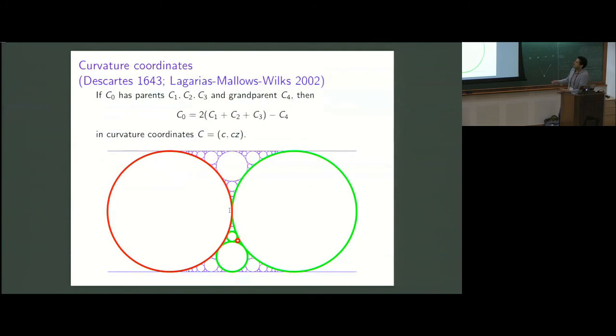Okay, so what's the recursive structure of the packing? This goes back to Descartes in 1643. He wrote a letter to the Princess of Bohemia where he was telling her about one of his discoveries. In those days, that's how you impressed the ladies. So his discovery, in modern language, looks like this equation: C0 equals twice the sum of C1, C2, C3 minus C4.